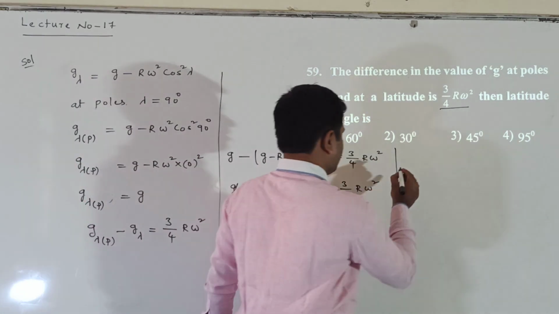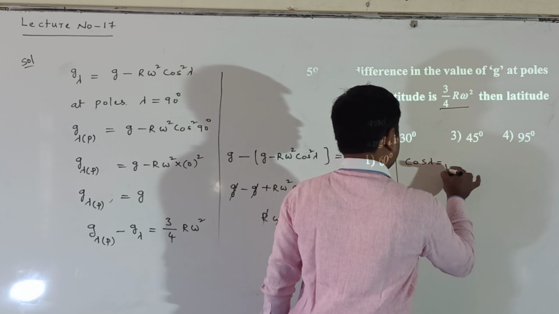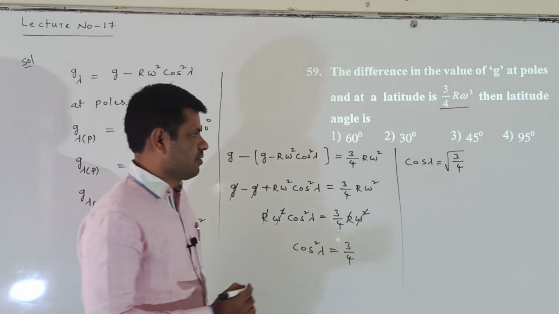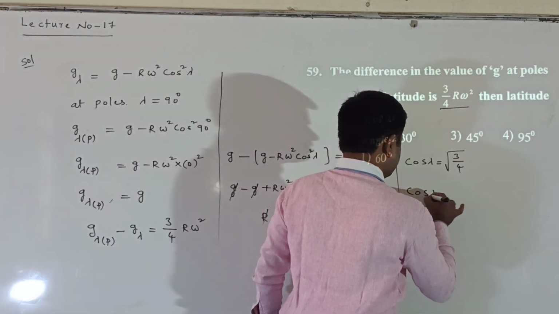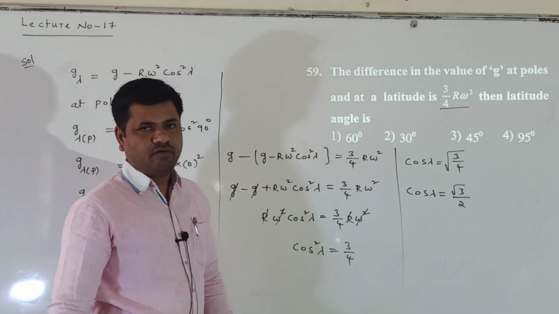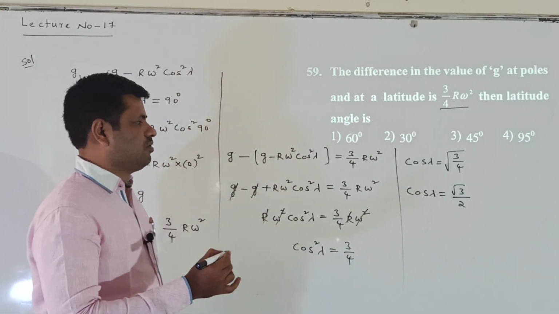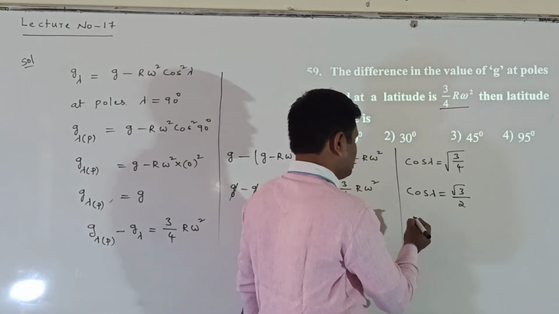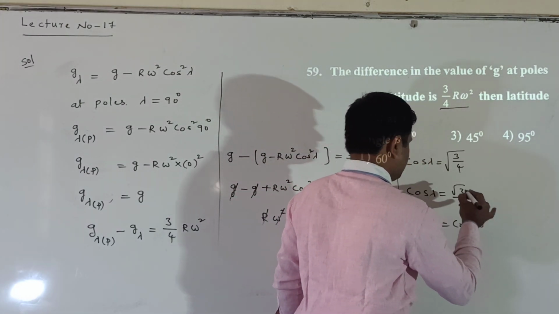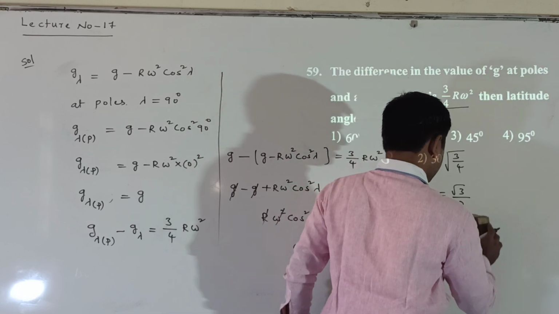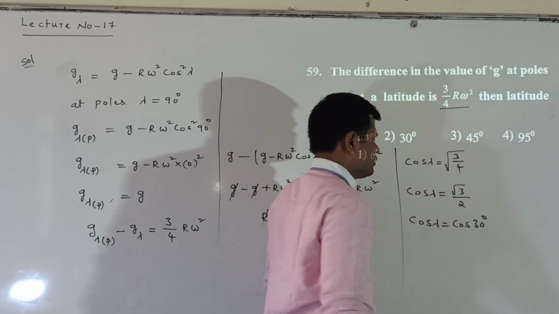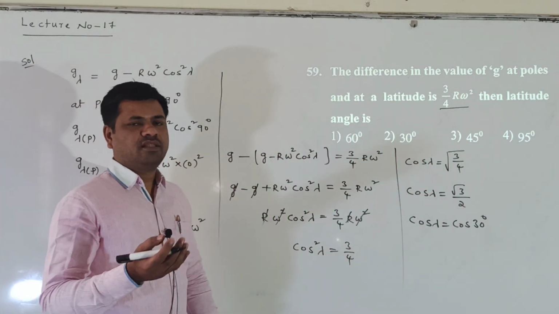From this cos lambda is equal to root 3/4. Root 4 is 2, so cos lambda is equal to root 3 by 2. Cos 30 is root 3 by 2, sin 30 is 1 by 2.